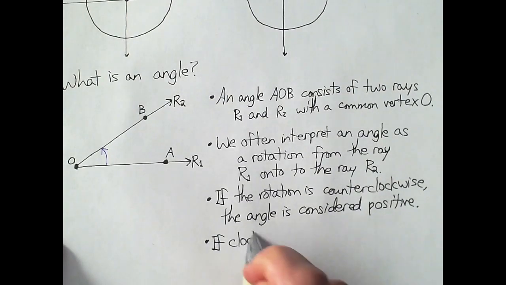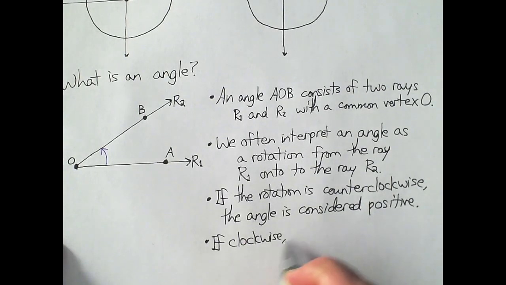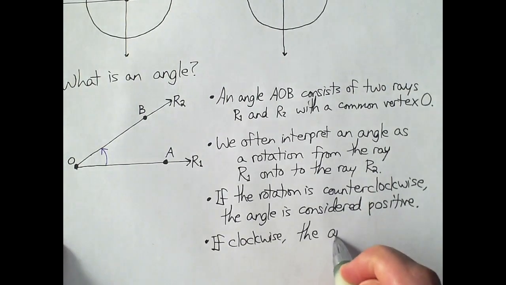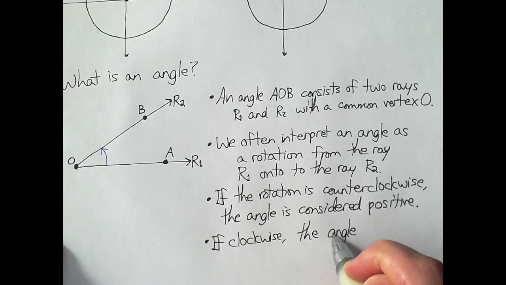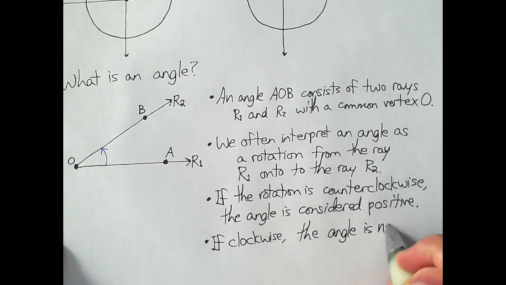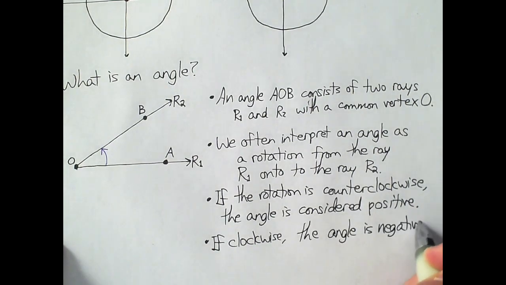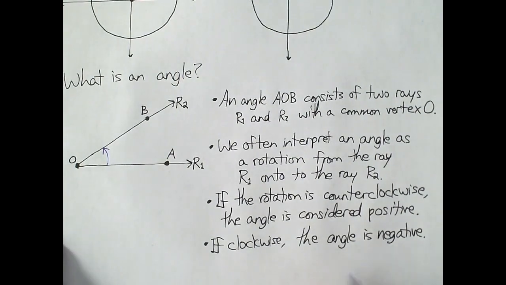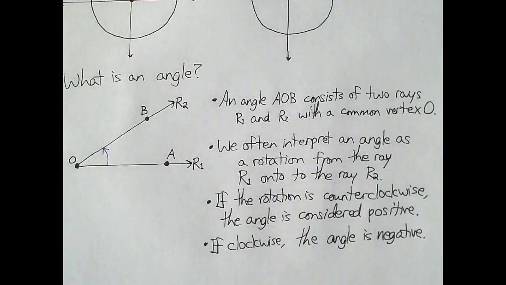If clockwise, the angle is negative. Again, kind of like the t values, that would be like going in the opposite direction. The opposite direction from positive is negative.